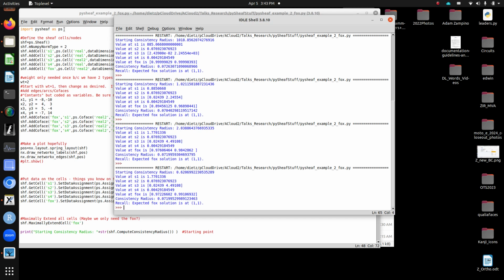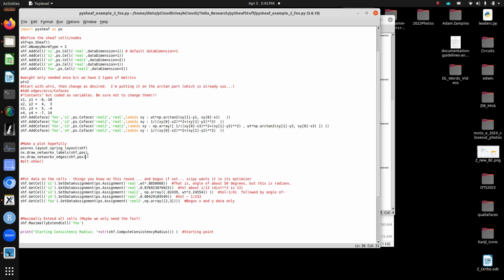Okay, it looks like if I start closer to the fox, then I will end up closer to the fox in the end. And maybe if I start far, far away, I won't even be able to find the fox. So let's see. If I start far away from the fox, far, far away from the fox, maybe I won't even get there.